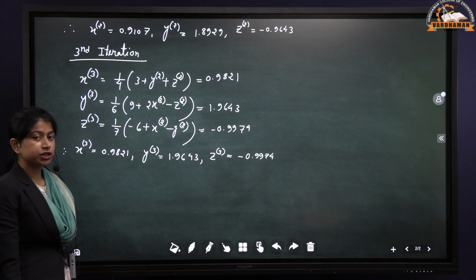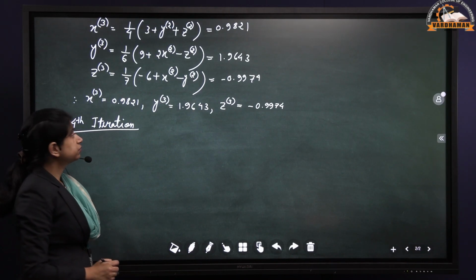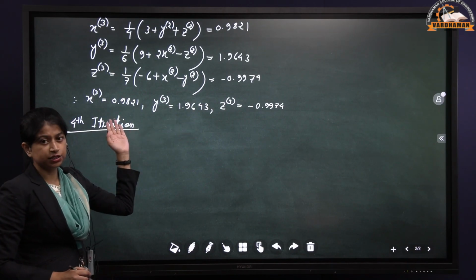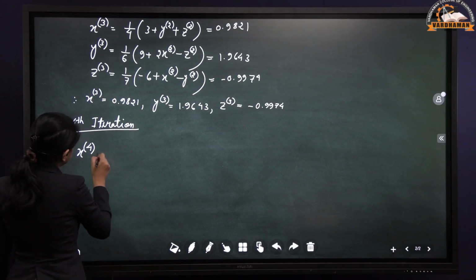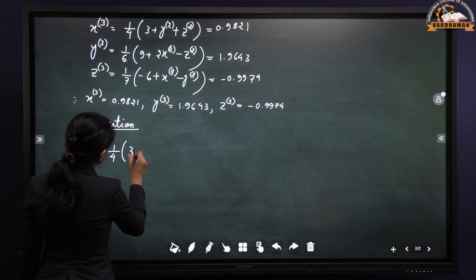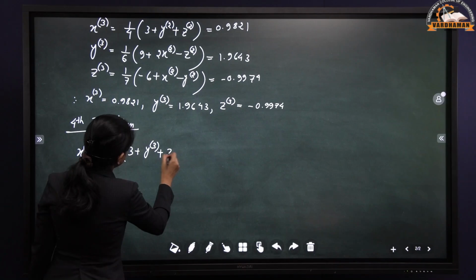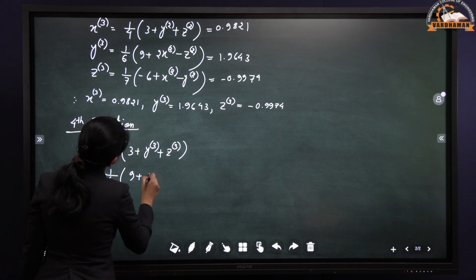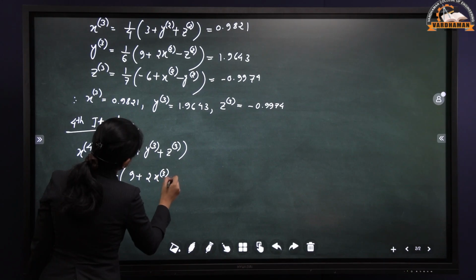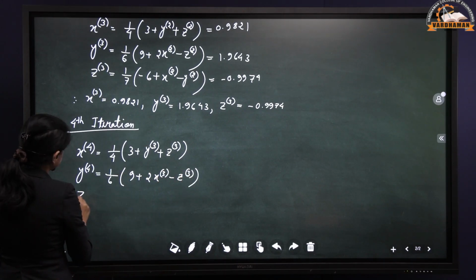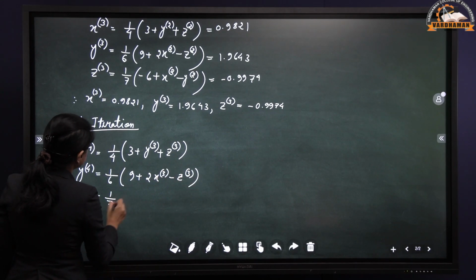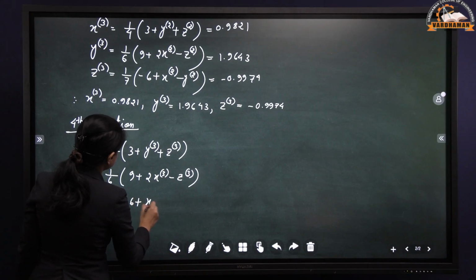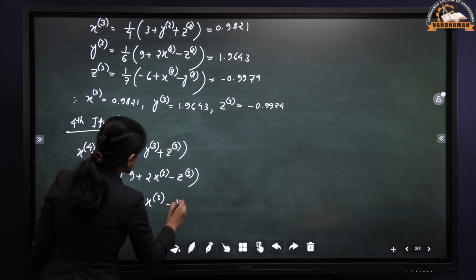Now fourth iteration. To get the fourth iteration, we will use this third iteration approximate values. x4 will be equal to 1 by 4 times (3 plus y3 plus z3). y4 will be 1 by 6 times (9 plus 2x3 minus z3). And z4 is 1 by 7 times (minus 6 plus x3 minus y3).